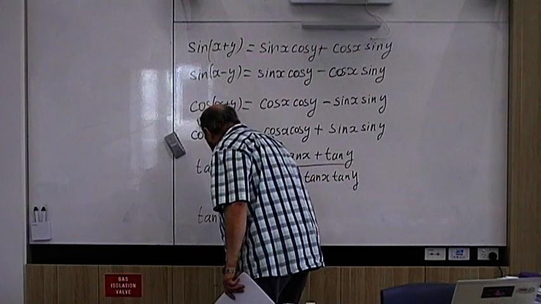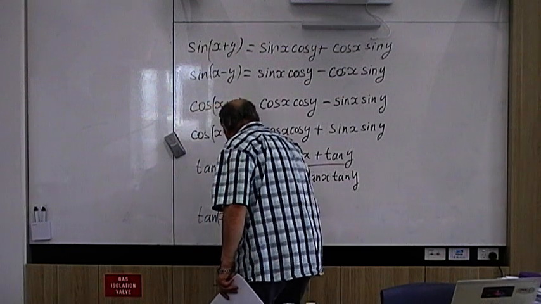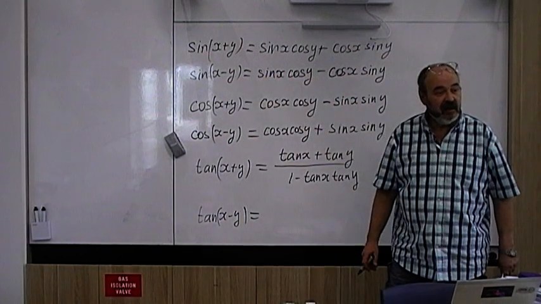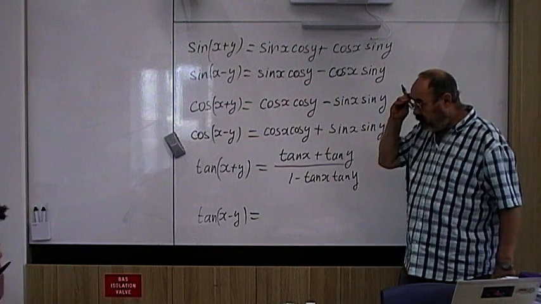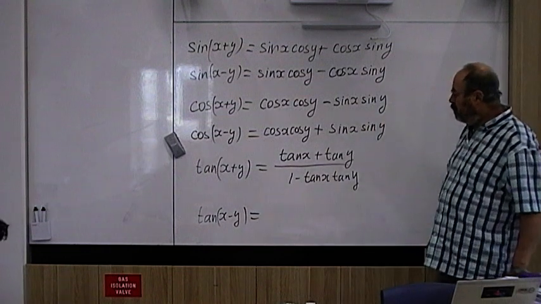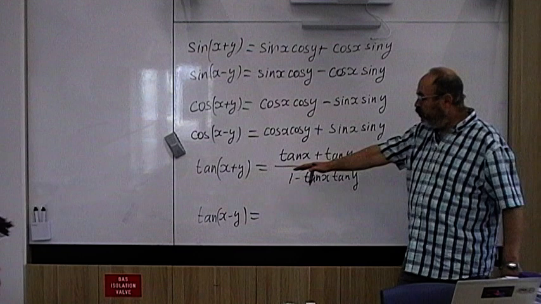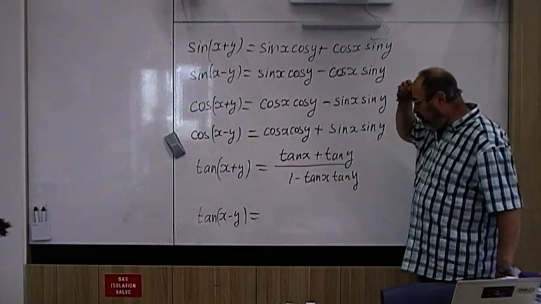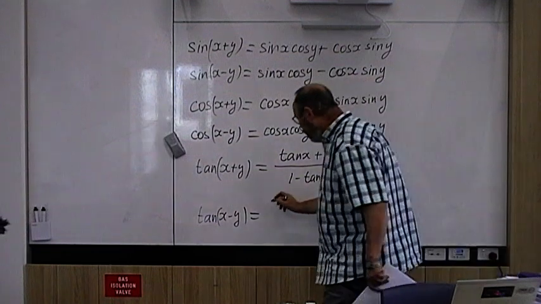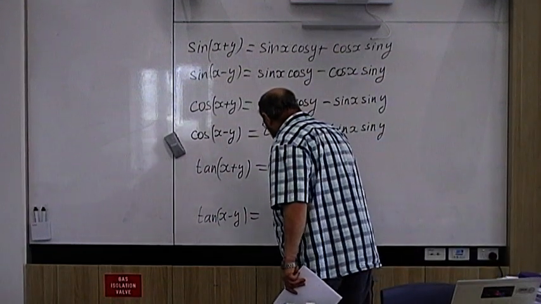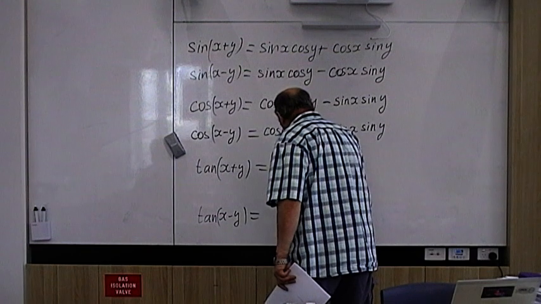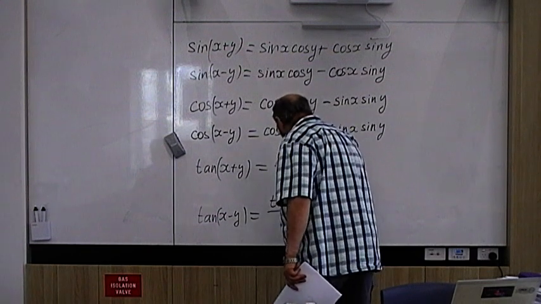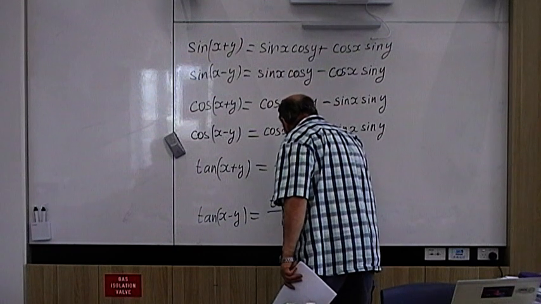Oh no. That's the formula for the angles, right? X and y are angles. I know, I'm saying that tan x plus tan y over 1 minus tan x tan y is the formula for calculating tan of x plus y. So we have tan of x minus y will be tan x minus tan y over 1 plus tan x tan y.